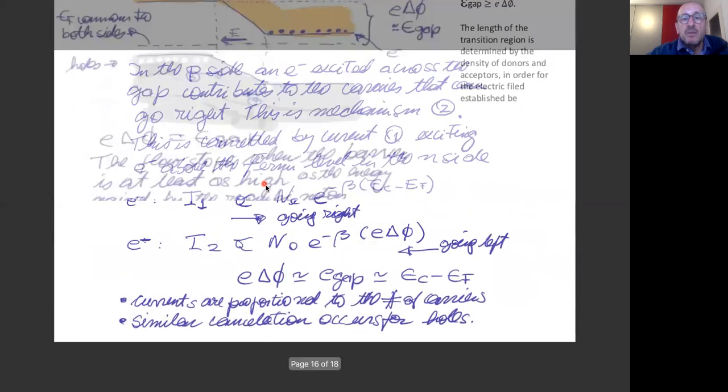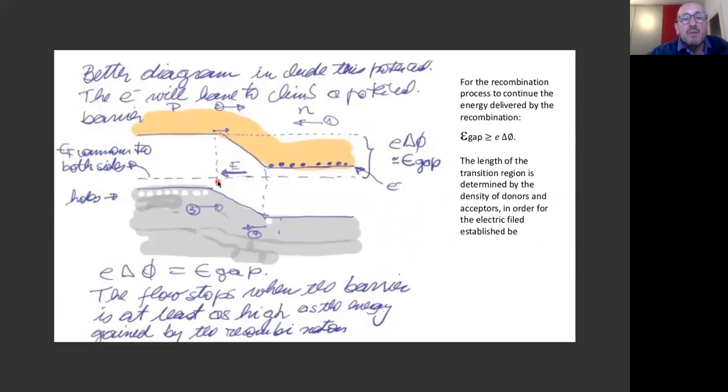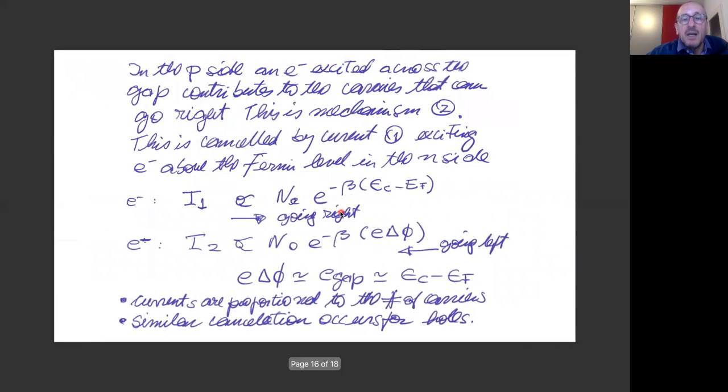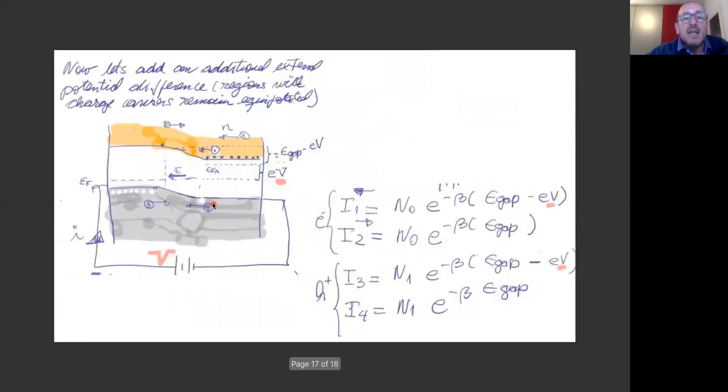Before, if you can see that, the Fermi level was common to the two sides. And now this is not an equilibrium situation, because I have raised the energy level on this side with respect to the energy level on the other side by e times the applied voltage. And this has reduced the barrier that these carriers had to overcome to get there.